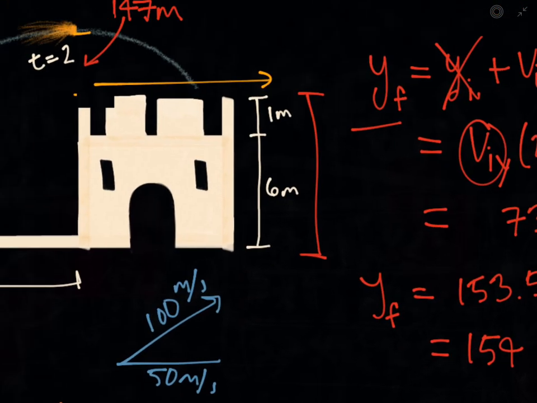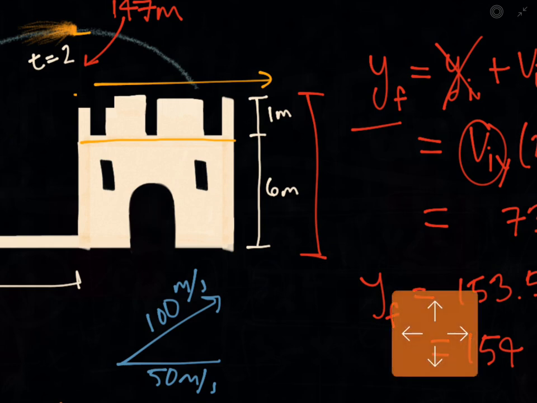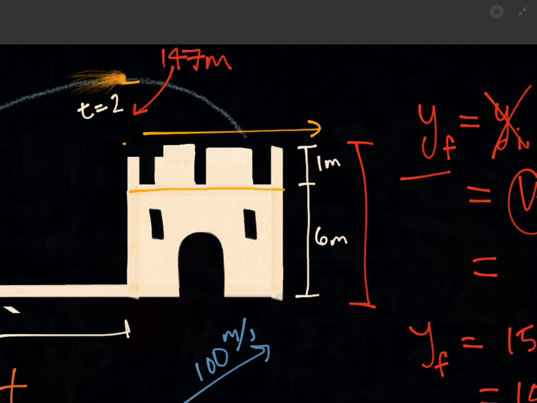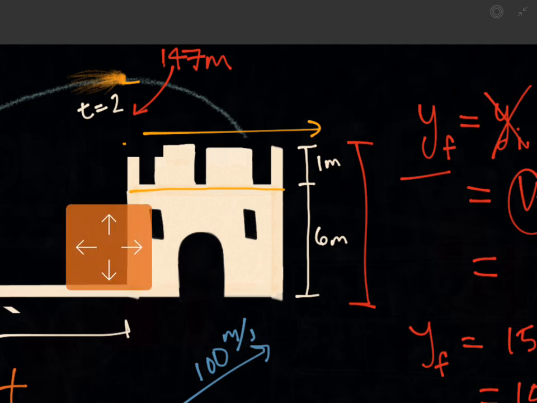Okay? So how are we going to find the time when it's hitting this floor here, right? So assuming this castle is infinitely wide, it will definitely land somewhere 6 meters above the Earth. We can use our function from the last problem and find out when this projectile will reach 6 meters, right?